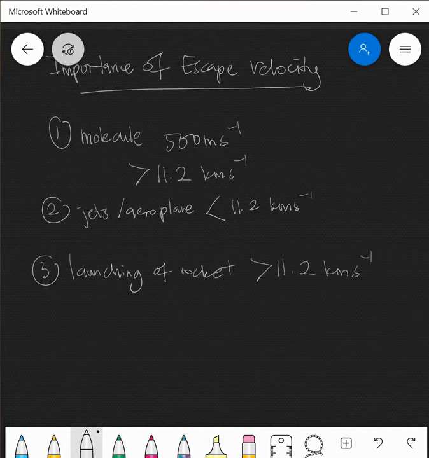Kalau kita nak launch rocket to outer space, kita nak dia pergi ISS ke apa, kita tak akan dapat kalau speed of the rocket is lower than 11.2. Okay. So I guess that's all for escape velocity. Now I hope this information is useful for you to do your module for 3.3. Okay, that's all.